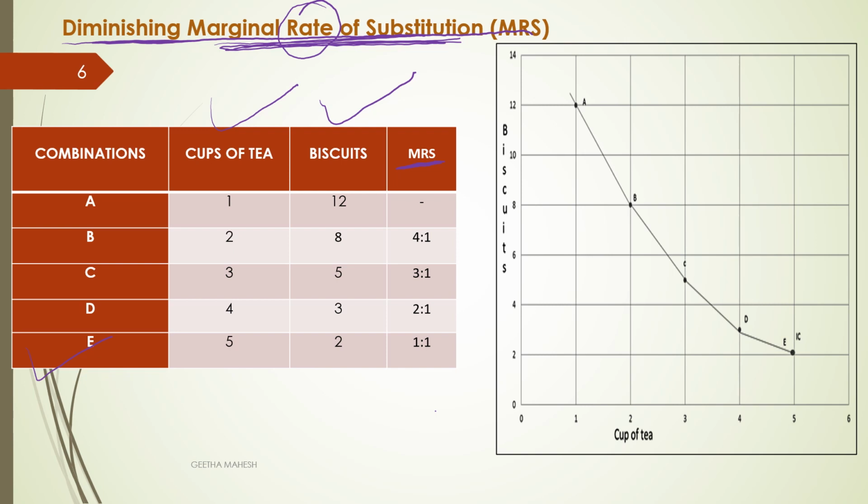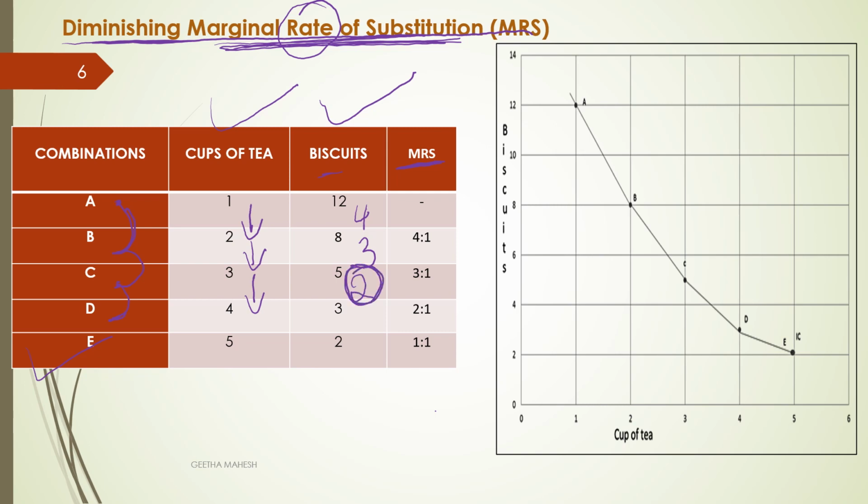When the consumer moves from combination A to B, to have one more additional unit of tea, he is sacrificing 4 units of biscuits. When he moves from B to C, to have one more additional unit of tea, he is sacrificing 3 units of biscuits. When he moves from C to D, how much is he sacrificing? 2 units.